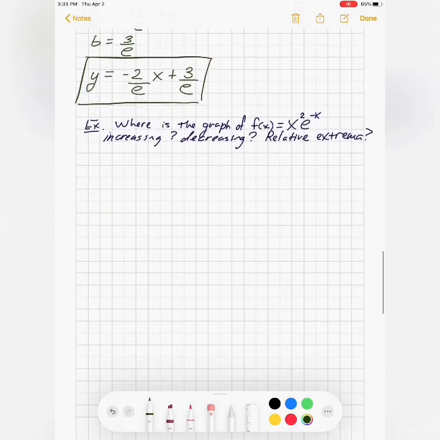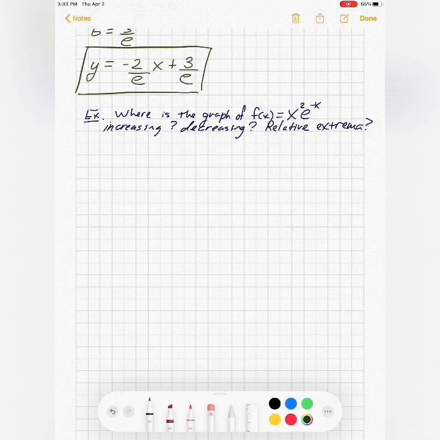Okay, how about f of x is x squared e to the negative x? Where is the function increasing, decreasing, and find any local maxes or mins? Okay, so let me start with the derivative. It's going to be a product rule. Derivative of the first times the second.